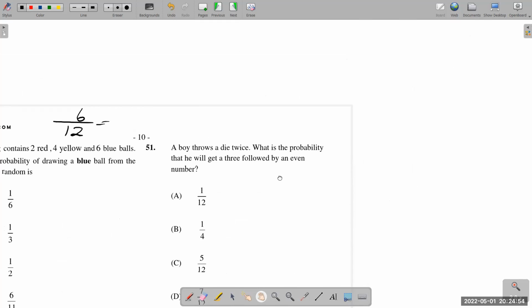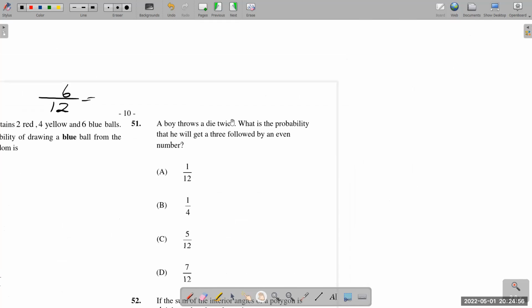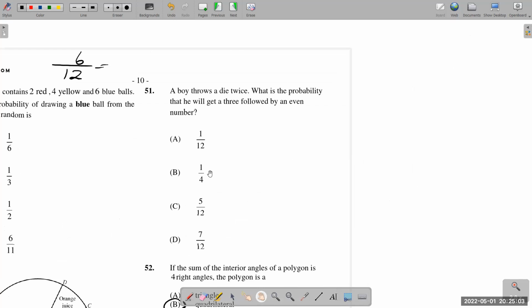Up here, what is this? A boy throws a die. That's 1 die. What is the probability he will get a 3 followed by an even number? How many sides does a die have? 6. So that's 12 different outcomes if you throw it twice.